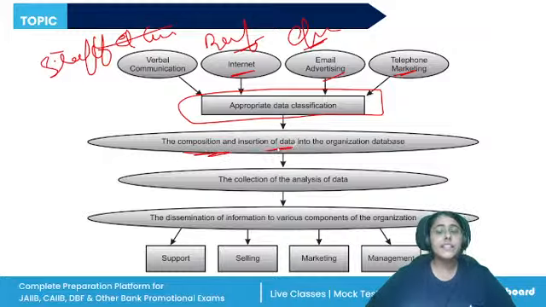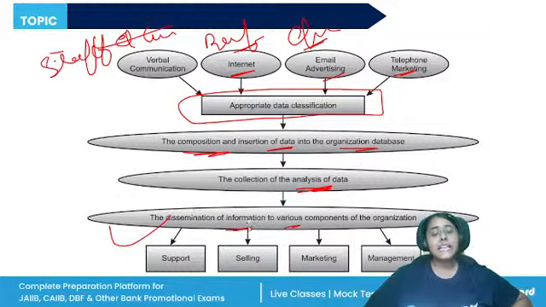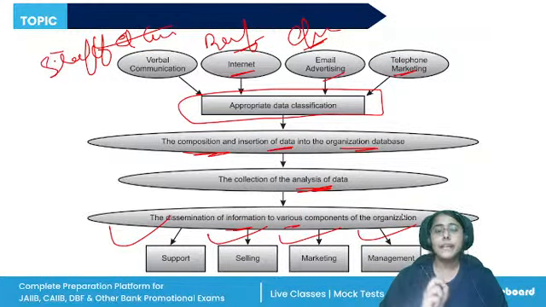We insert the data into the organizational database, analyze the data, and then the data is disseminated to be used by the various components, by the support team, the selling team, the marketing team, and the management team, right? So the common features would be marketing automation. For example, the sales prospects who come into the system might automatically be sent the marketing material.